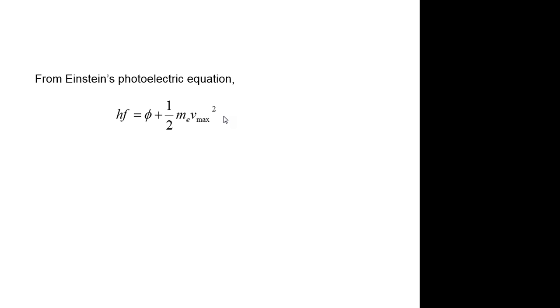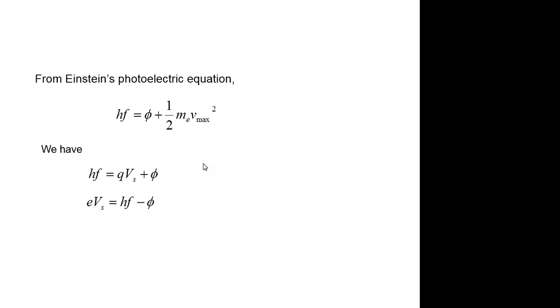You have no choice but to measure the stopping potential. Using potential difference, the voltmeter, this Vs, allows you to measure half mv max squared. You understand? So this is why we need to have a Vs, eVs. Right? So when we rearrange, we get this equation.